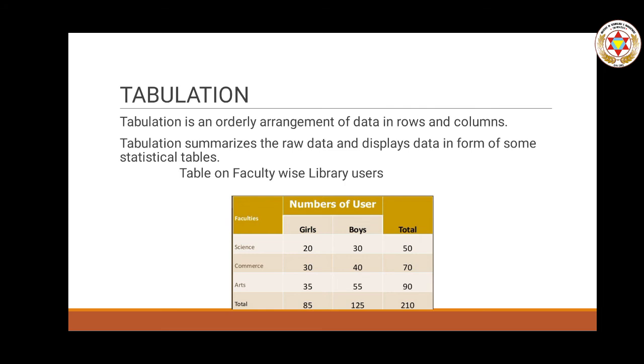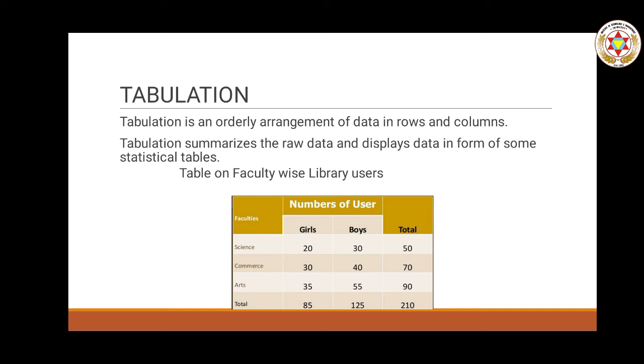So once the classification is done, next comes the tabulation of data. Tabulation is an orderly arrangement of data in rows and columns. When we gather a mass of data, it is necessary for a researcher to arrange this in some kind of logical order.